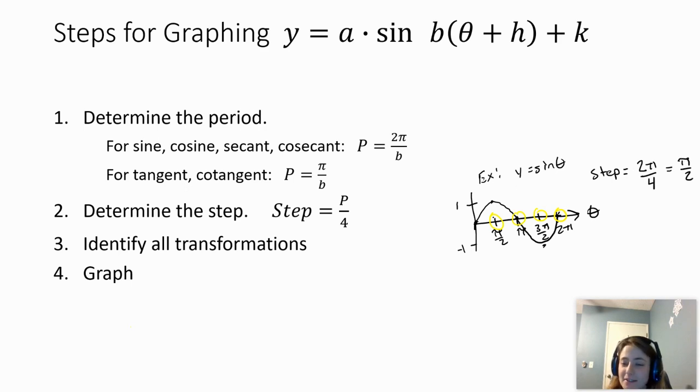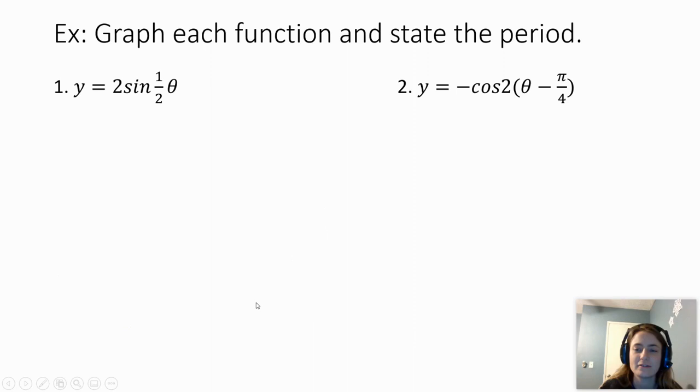And that is what we're increasing by every time. We start with 1 pi over 2, then 2 pi over 2, which is pi, then 3 pi over 2, then 4 pi over 2, which is 2 pi. So that's what that step is. It helps us determine how much we're increasing by on the theta axis. After we determine the step, we identify all the transformations, and then finally we graph.